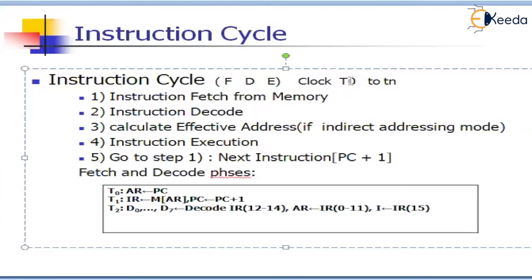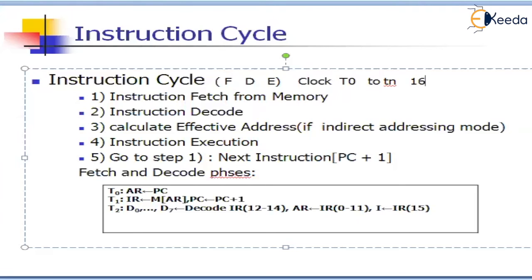Let us try understanding what these clock pulses are and which operation is going to be performed at every clock pulse. Before I tell you that, I need to explain that I'm now using a clock in the system which counts a maximum of 16 clock pulses.